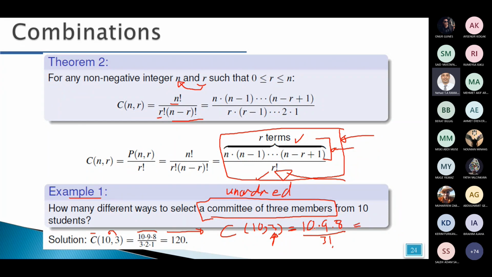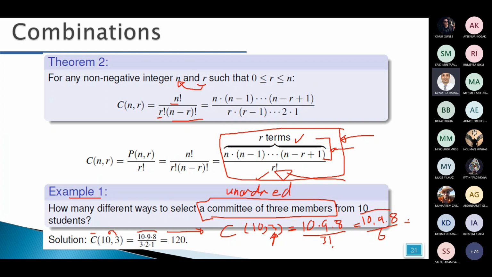So it's equal to 10 multiplied by 9 multiplied by 8. It's like a permutation, this one, the first 3 terms, divided by 3 factorial, which is 6, 3 multiplied by 2 multiplied by 1. This is the 3 factorial. So it's 6.